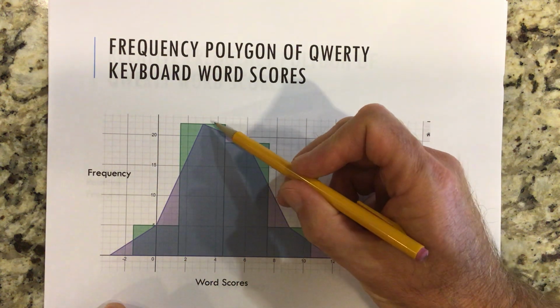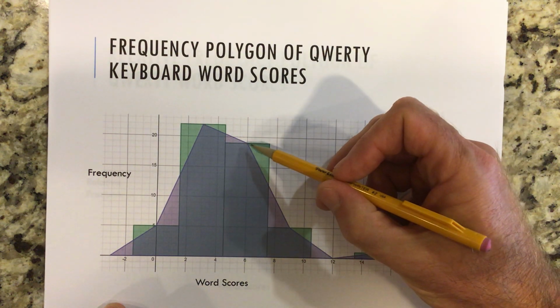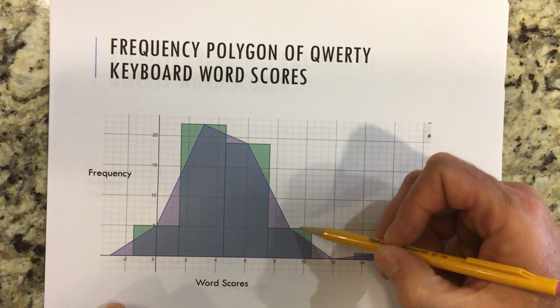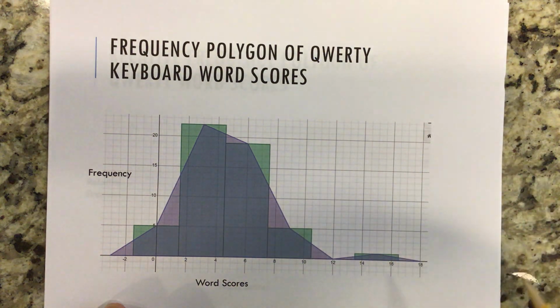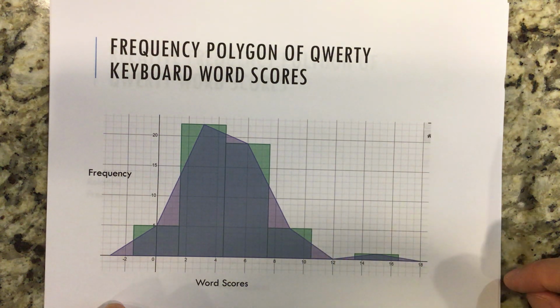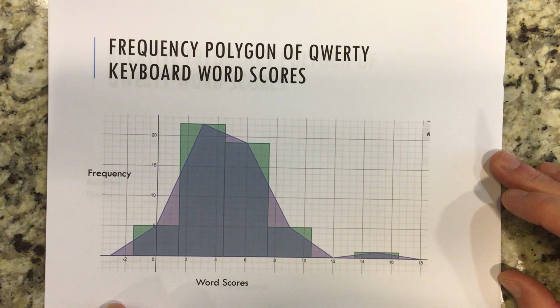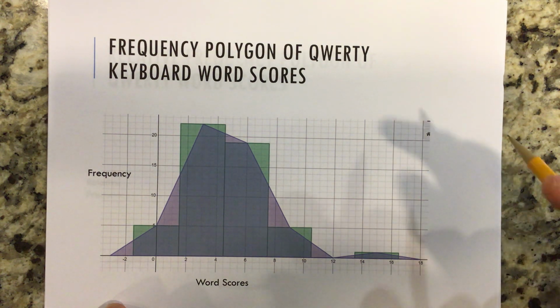The midpoint of my second class, there were 22 words in that class, I put a point. There's the midpoint of my next class, and so on. And then I connected each midpoint with a straight line. That is an acceptable way to make a frequency polygon. It's also very common, and I believe our book does this method.